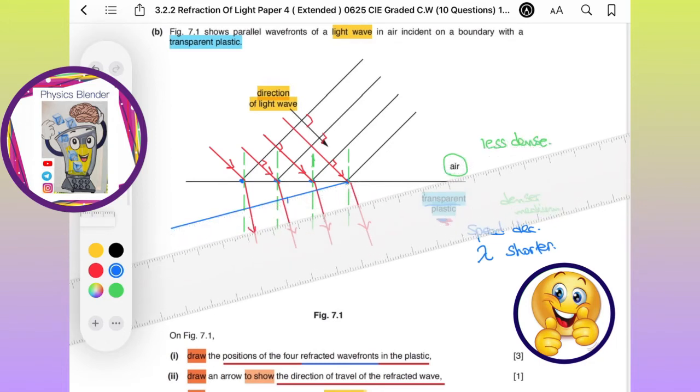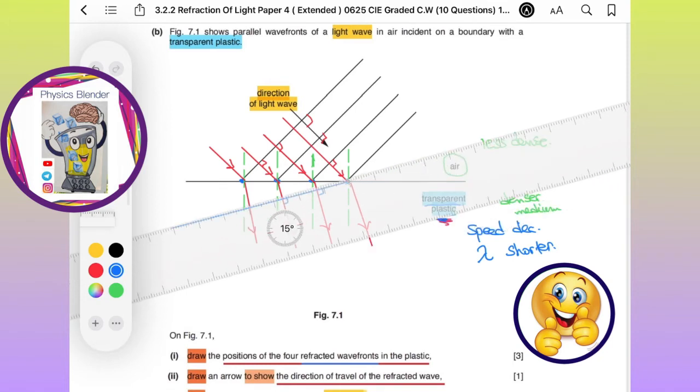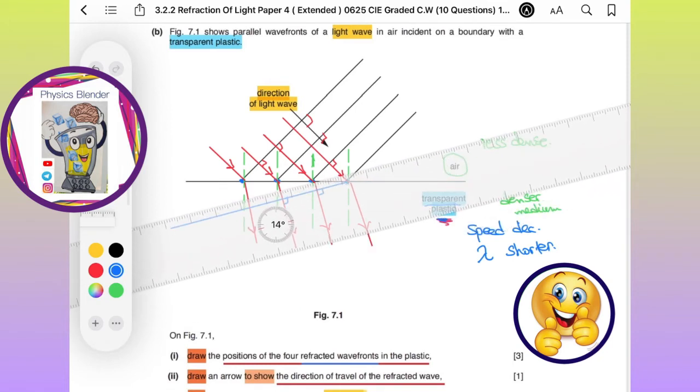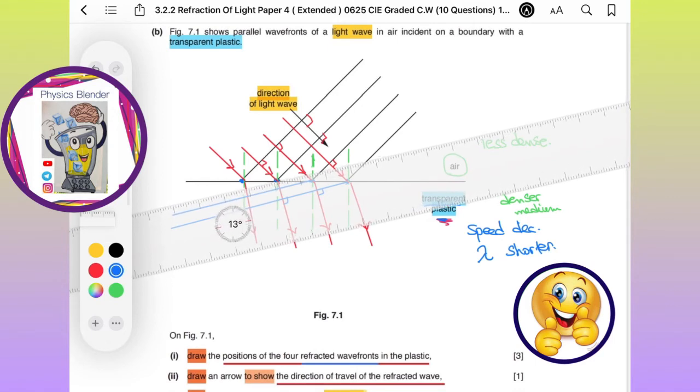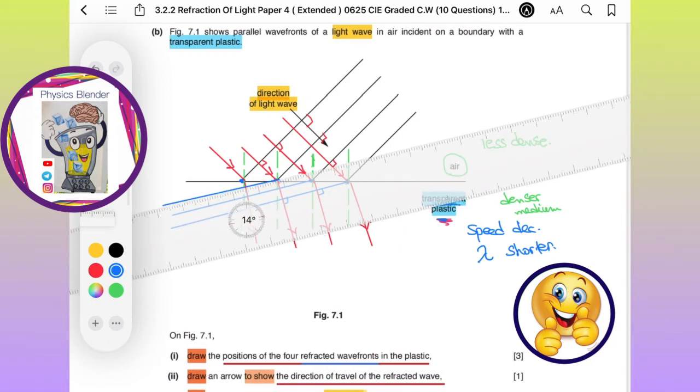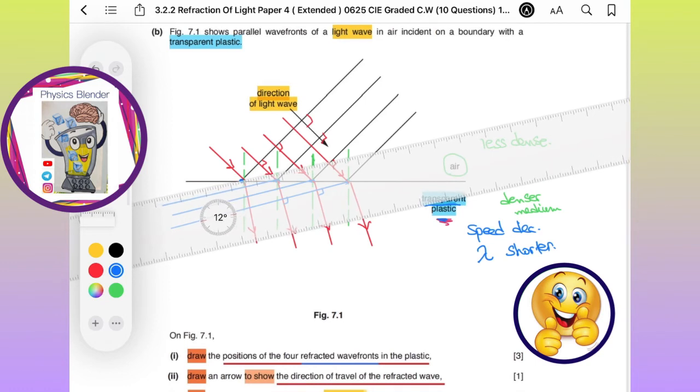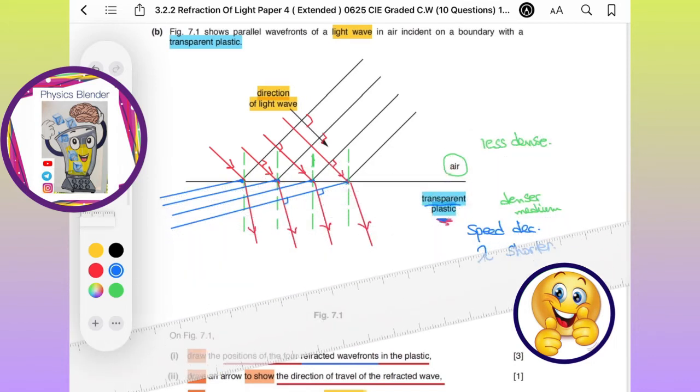Make sure it's perpendicular. So the direction is perpendicular to wavefronts. We are just checking.